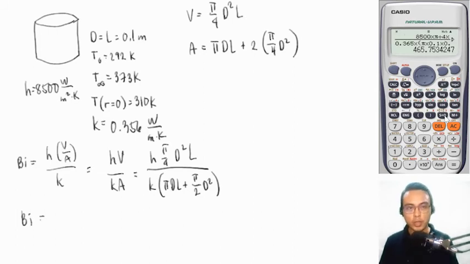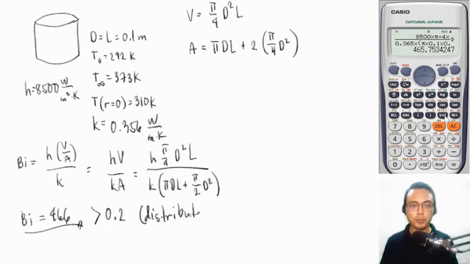Our Biot number is 466. Now, this is way greater than 0.2. Therefore, we say that this is a distributed system. For a distributed system, our approach is very different from that of the lumped system. Earlier, we simply used our temperature profile equation to solve for the time. Now, we have to use what we call Gurney-Lurie charts.